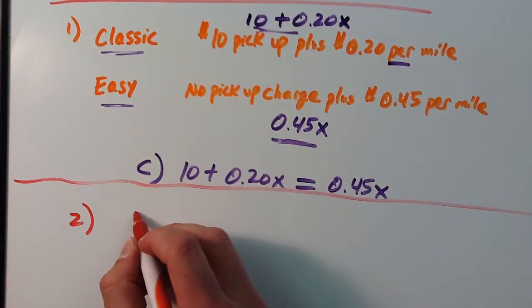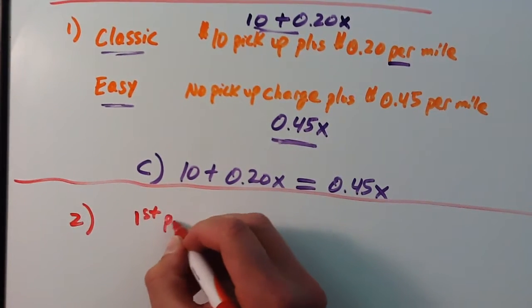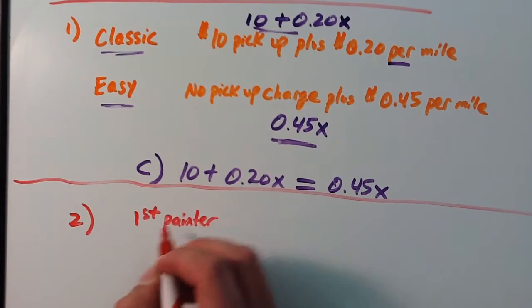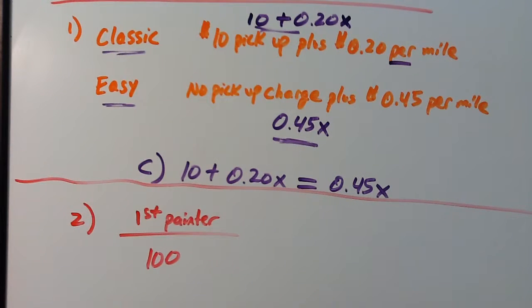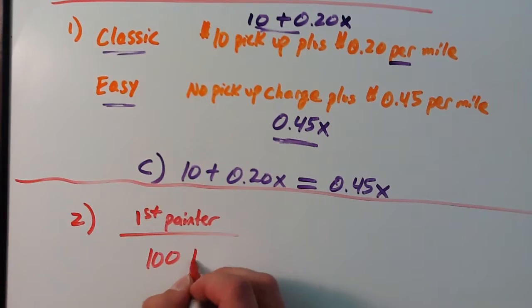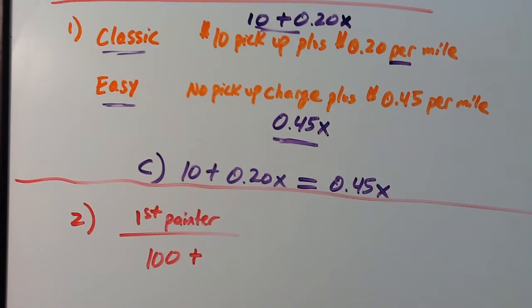So let's say first painter, right? The first painter charges a flat fee of $100. So I'm paying $100 right up front. Plus I also pay $22 an hour. An hour, that expression is similar to per hour. Okay, and anytime you see the word per, P-E-R, you know you're multiplying.